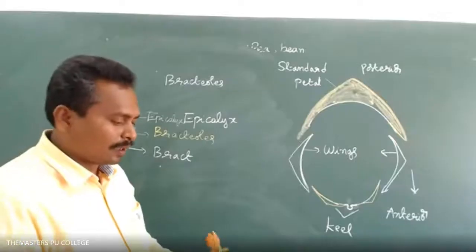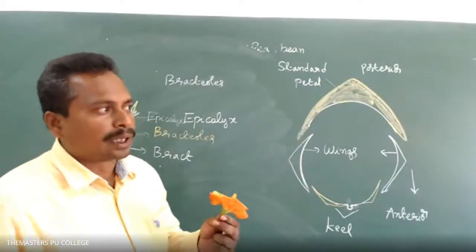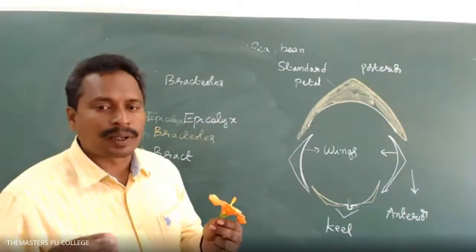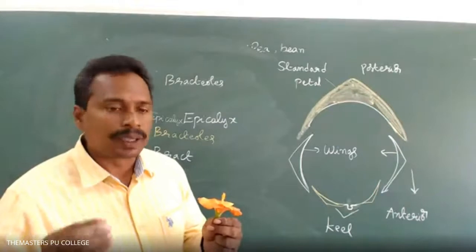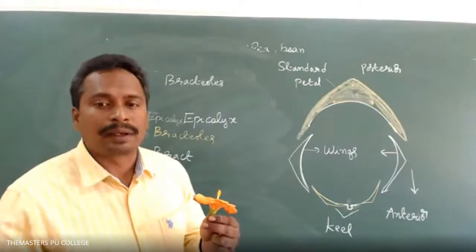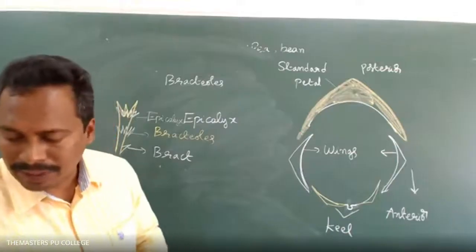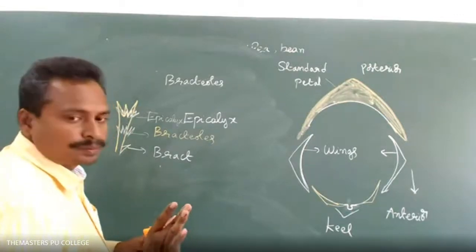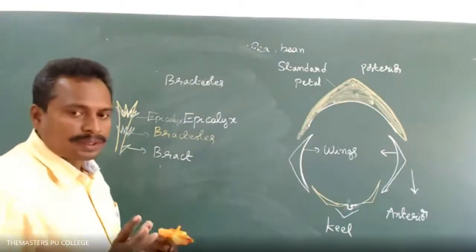It also performs the function of protection of the flower during the bud stage. Both epicalyx and calyx protect the inner parts while the flower is in bud condition. Thank you, sir. You're welcome. Bracteoles and epicalyx are not in your syllabus.